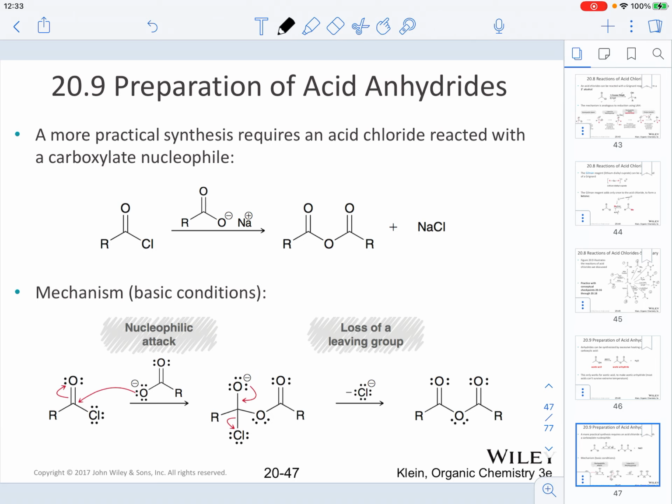After we form that alkoxide tetrahedral intermediate, we are going to have the reformation of the C double bond O in our intermediate, and when the electrons come down from the oxygen, that is going to kick out the leaving group, which in this case is the chloride anion. And as you can see, that is going to result in the formation of an acid anhydride.